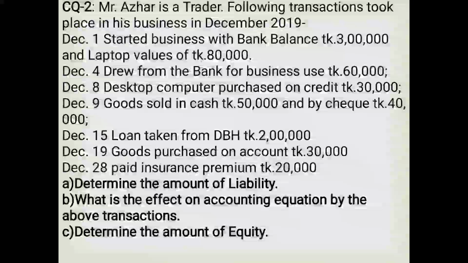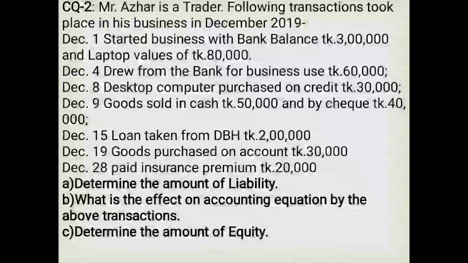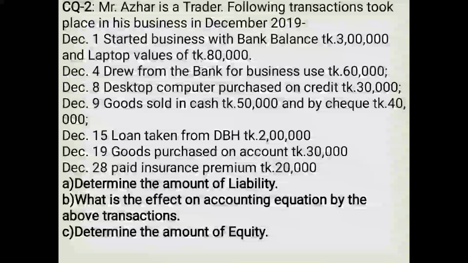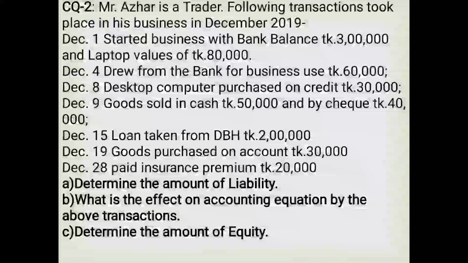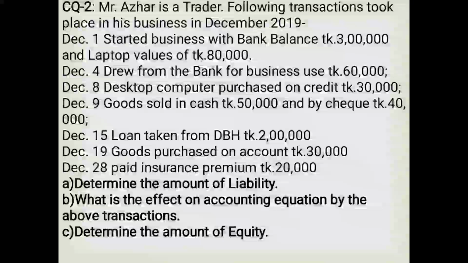Mr. Azhar is a trader. The following transactions took place in his business in December 2019. December 1, started business with bank balance and laptop values of taka 80,000. December 4, drawn from the bank for business use, taka 60,000.